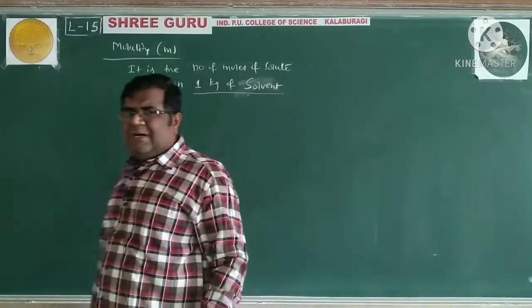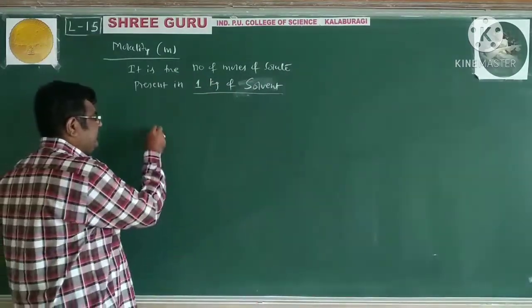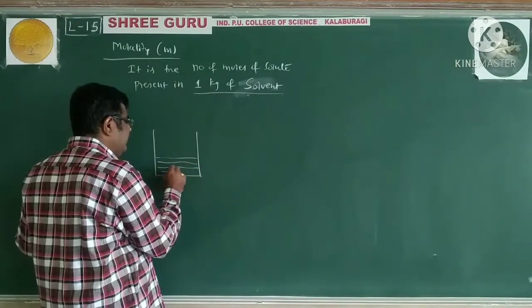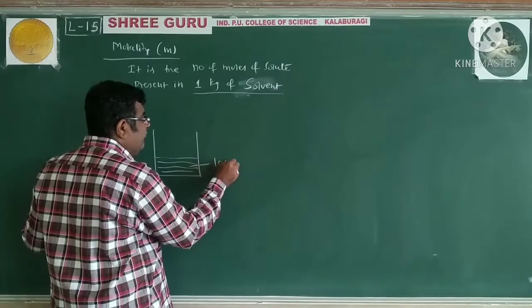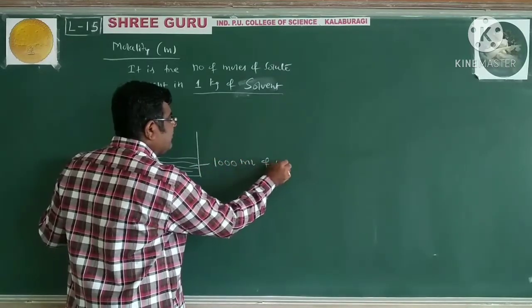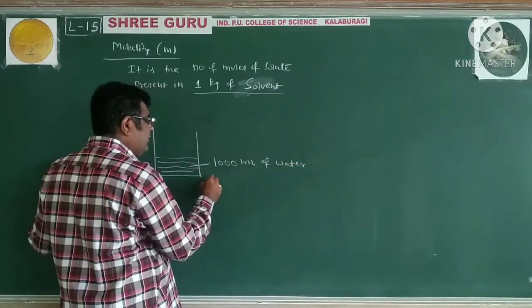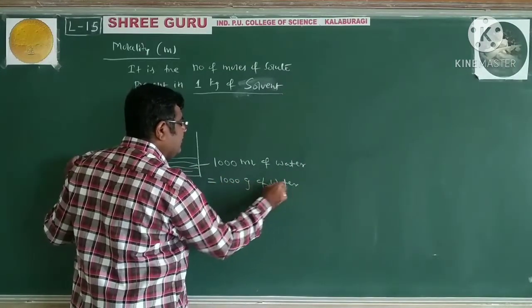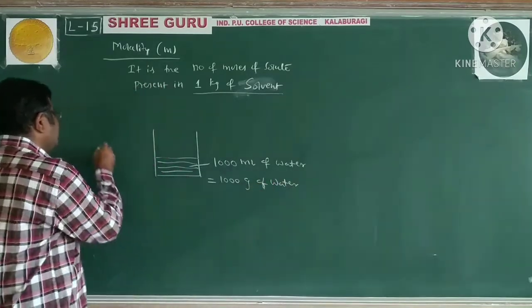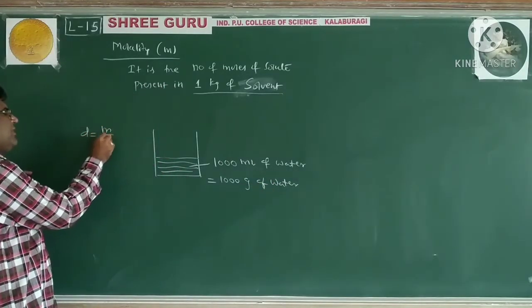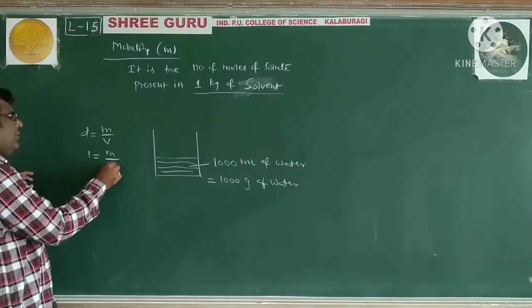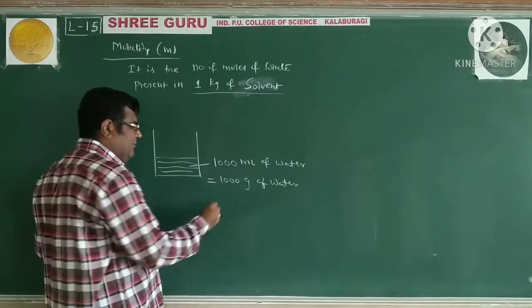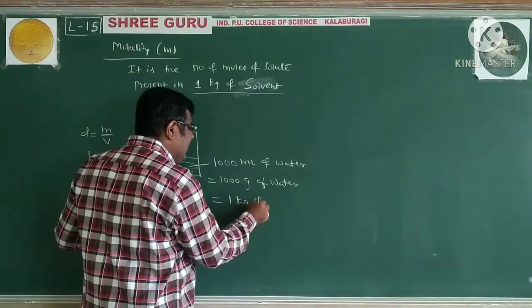We'll take one example once again of sodium hydroxide. We'll take this beaker and 1000 milliliter of water, which is nothing but 1000 gram of water, because the density of water is 1, which is mass by volume. So mass equals volume. 1000 milliliter is equal to 1000 gram, which is nothing but 1 kilogram of water.